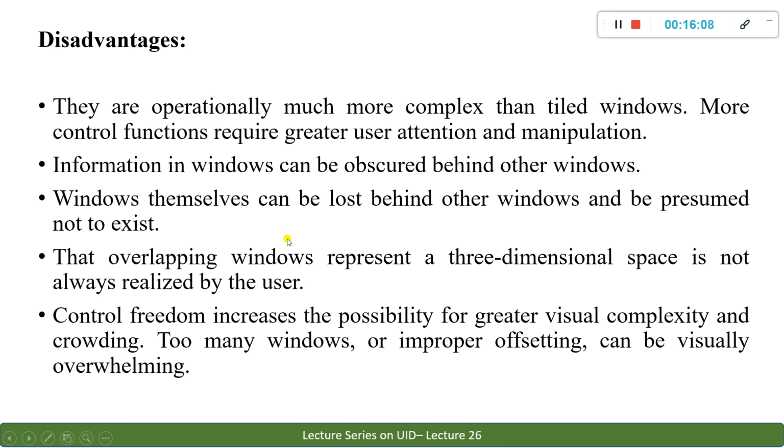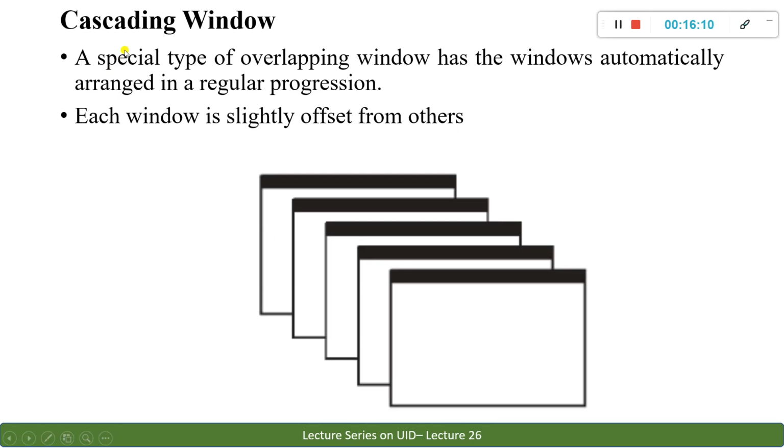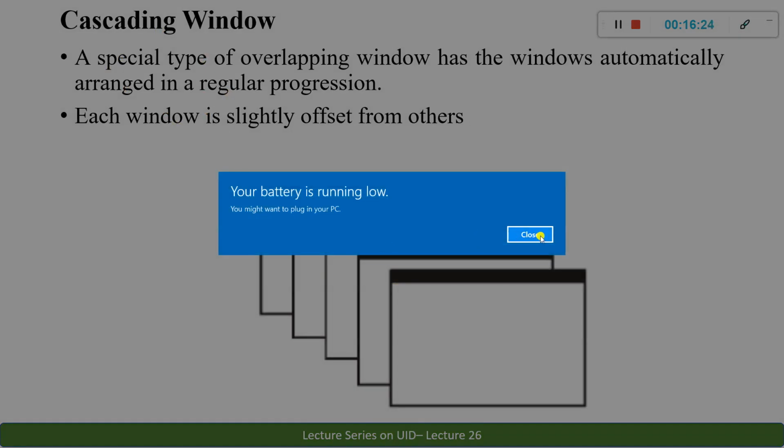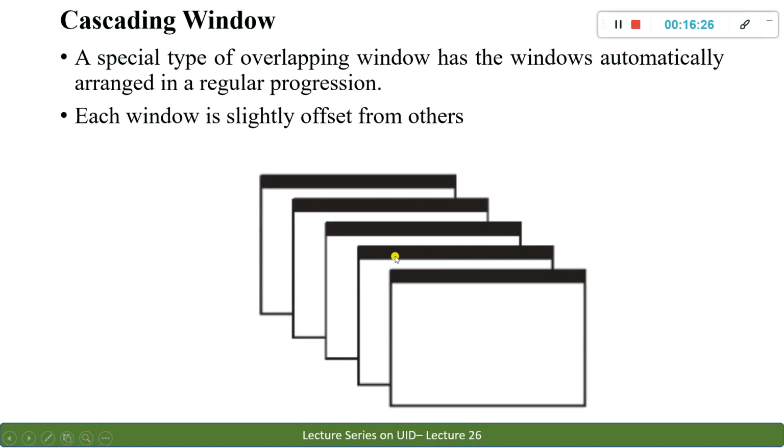So apart from these two kinds, there is a third kind, and that is called cascading. Cascading was derived from your overlapping windows, because as you can see in the diagram, this window is overlapped by the second window, by third, by fourth, by fifth, and so on. Cascading windows are a kind of overlapping windows. You can overlap on each other.